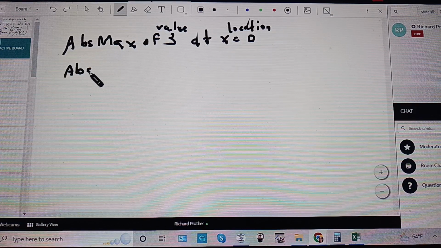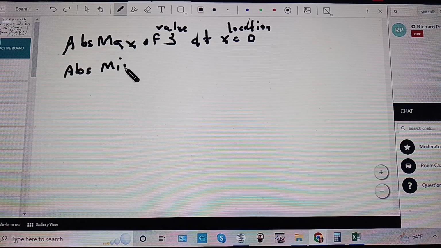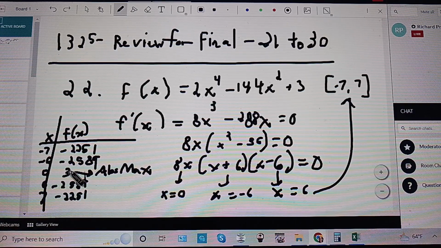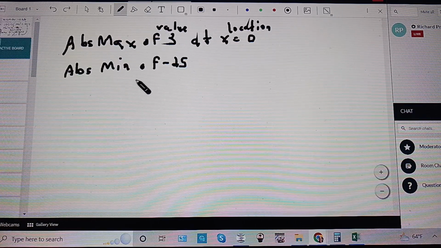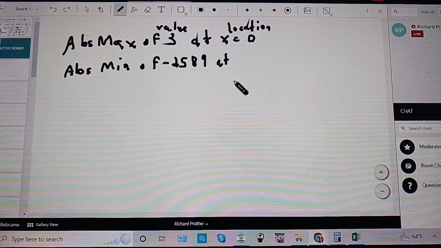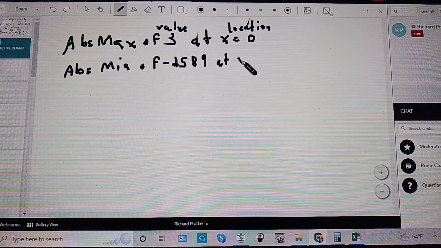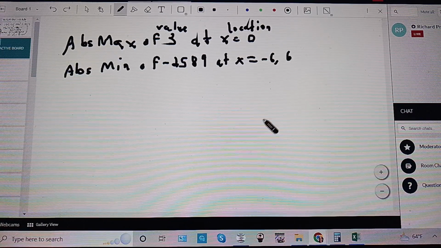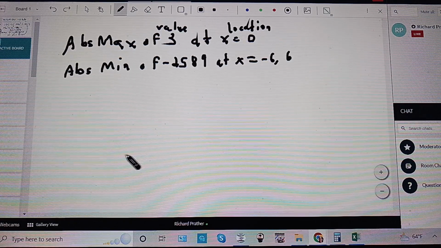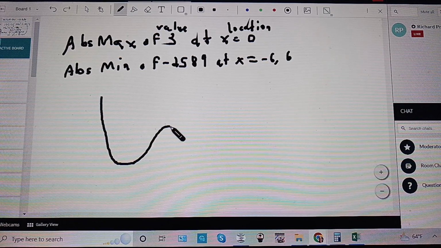But our absolute minimum has a value of negative 2,589. And that's the one absolute minimum value because there's a tie, and there's two locations where it happens, -6 and +6. And this is an x to the 4th type of problem, so that makes a W-shaped graph.